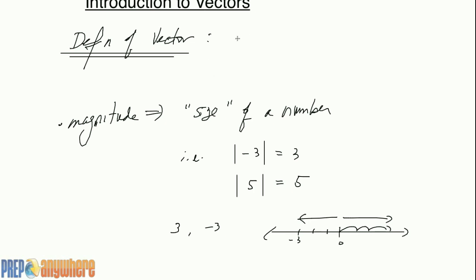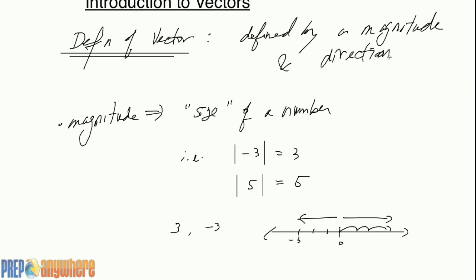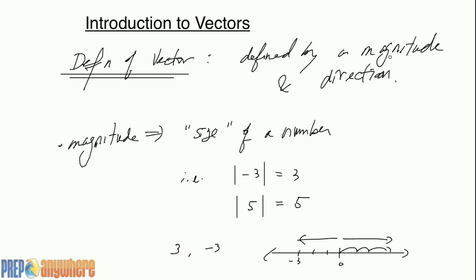A vector is something defined by a magnitude, just how long it is or how big it is, and direction. This direction does not mean just positive or negative. It can be rotated by 30 degrees or whatever. So this is the definition. It has to have these 2 things. You can't just have one, then it's not a vector. It must contain both of them.